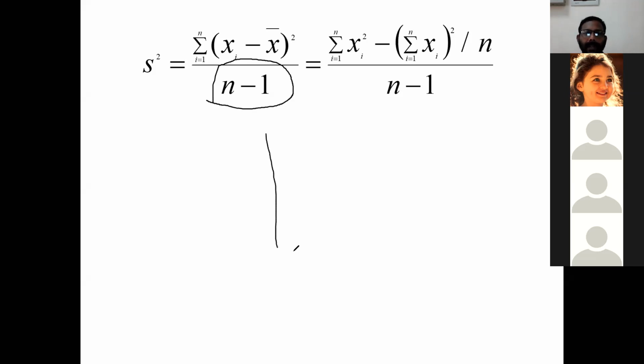Now let's say I have 10 balls of different colors. One is a red ball. The other one is a yellow ball. Likewise, you have different colors.